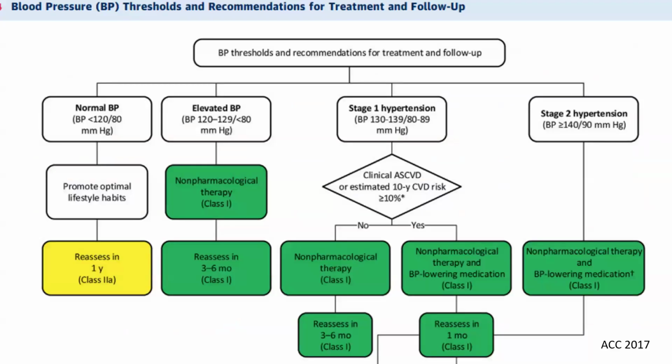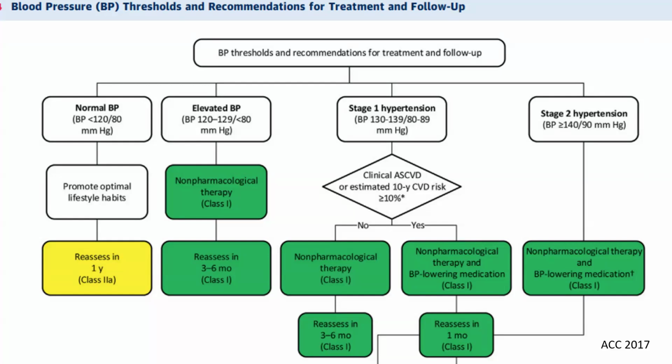So this SPRINT trial impacted the American College of Cardiology guidelines. After this result was published, the ACC updated their guidelines in 2017, and they included systolic blood pressure between 130 to 139 as stage 1 hypertension, and they incorporated cardiovascular disease risk stratification for 10-year risk of cardiovascular disease.